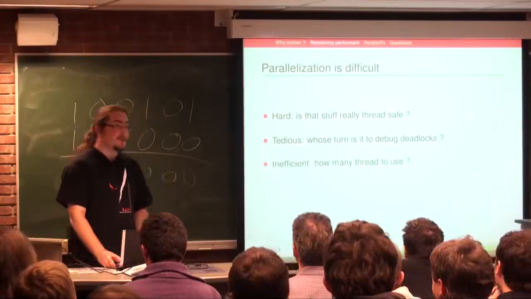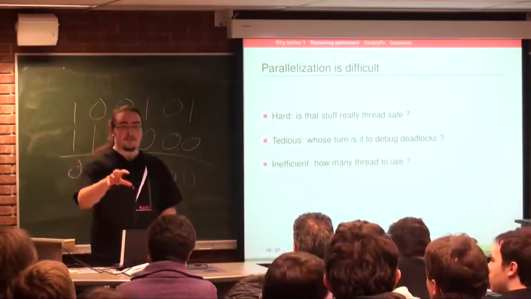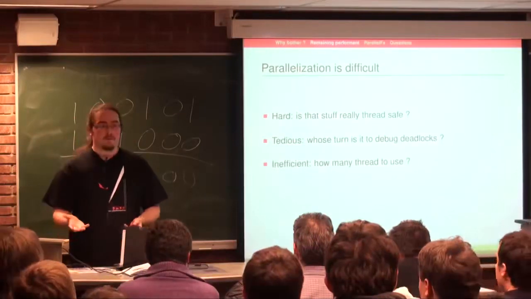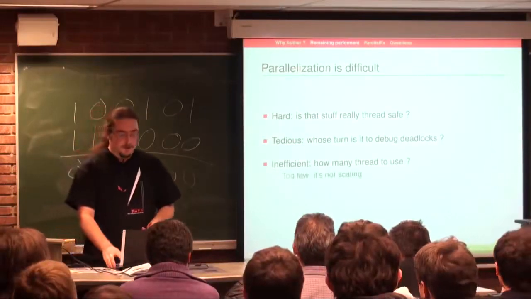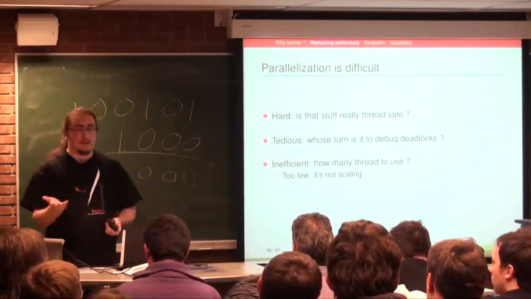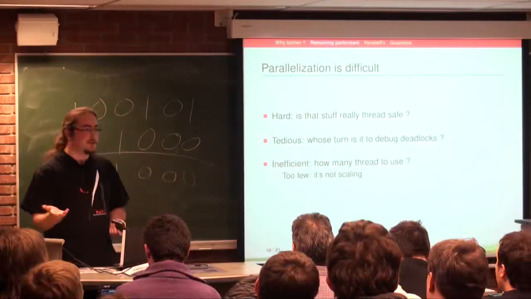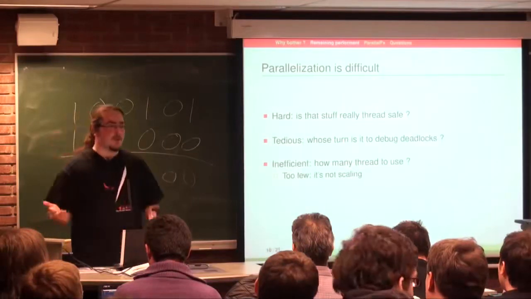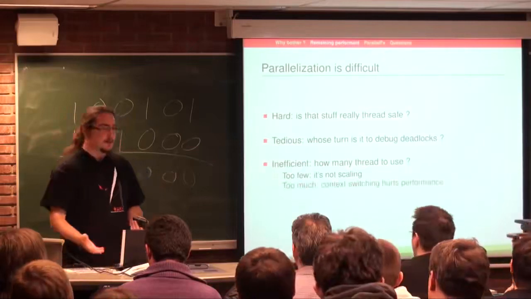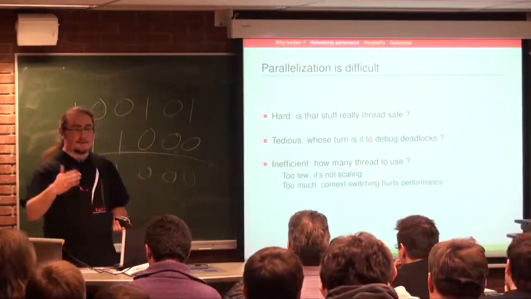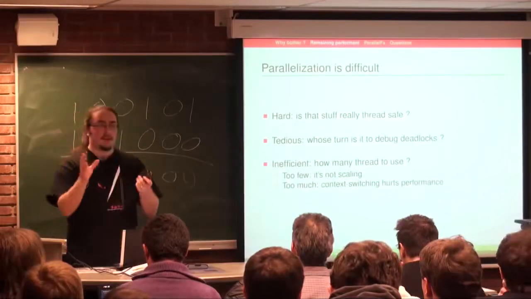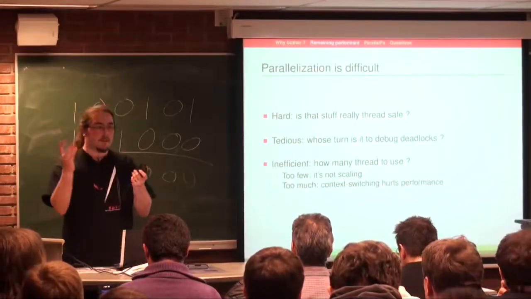And finally, it's also most of the time inefficient to manage the threads yourself. Because the question is, how many threads should you use? If you use too few threads, say you have a 4-core machine but you use 2 threads, you aren't going to use all your cores. So it's inefficient. But if you use too many, like 4 threads on a dual core machine, the operating system can only run 2 threads at a time.